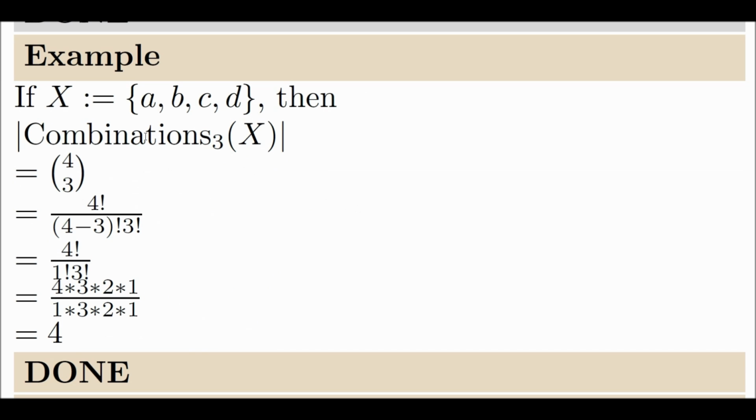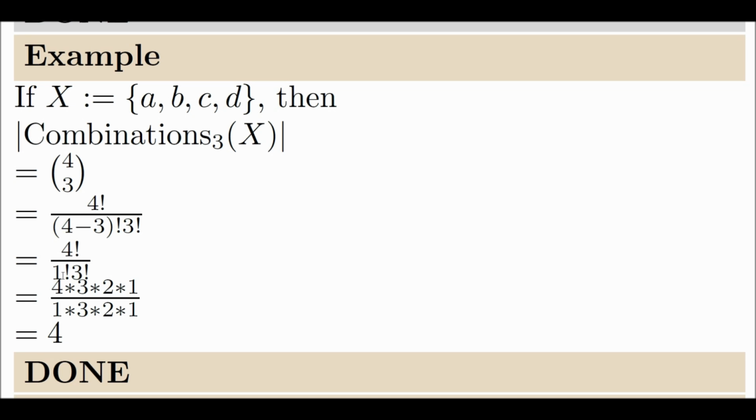Here's an example. Let's say X is the set of letters again, A, B, C, and D. If I want to count the number of combinations of size 3 of X, this would be 4 choose 3. There are 4 objects in X, and I want to count how many subsets there are of size 3. So you do 4 choose 3. It stands for this fraction here. You could work out what this is.